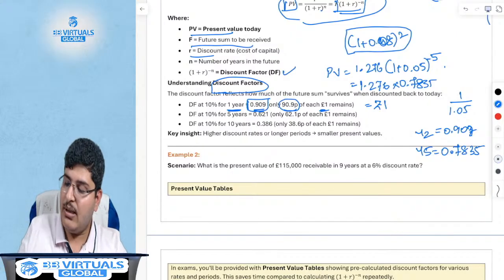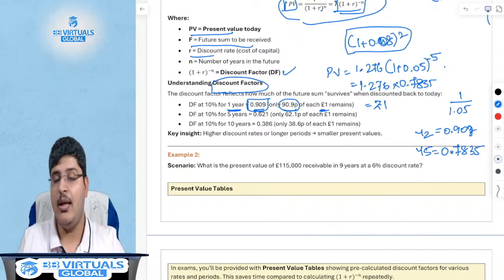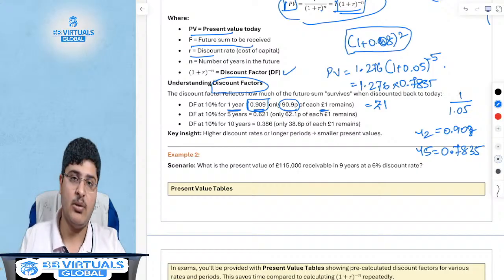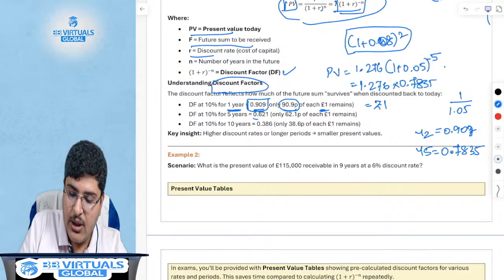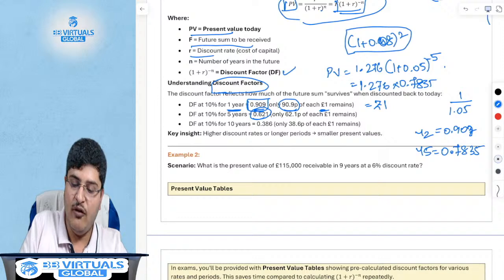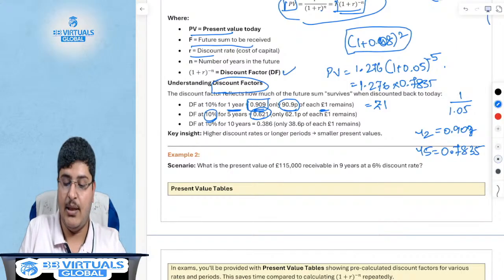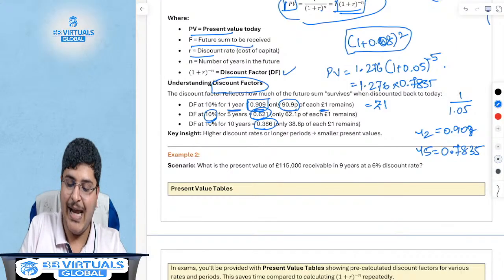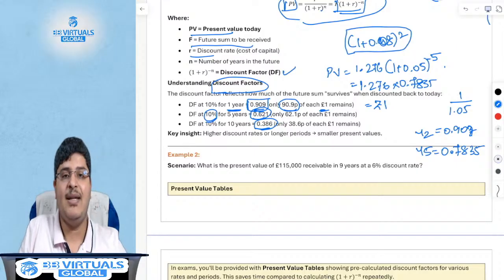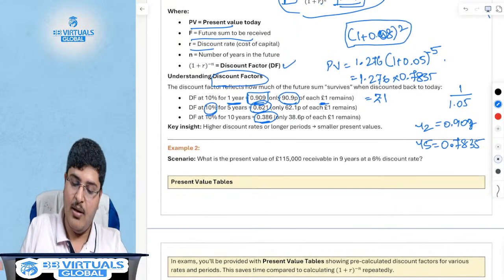And if you keep pressing equal to for the second, third, fourth and fifth year, basically 5 times in total, then you reach 0.621. So the value of 1 rupee today will be 0.621 at the end of 5 years using a discounting rate of 10%. And if you keep doing this for 10 times, then this number is 0.386.